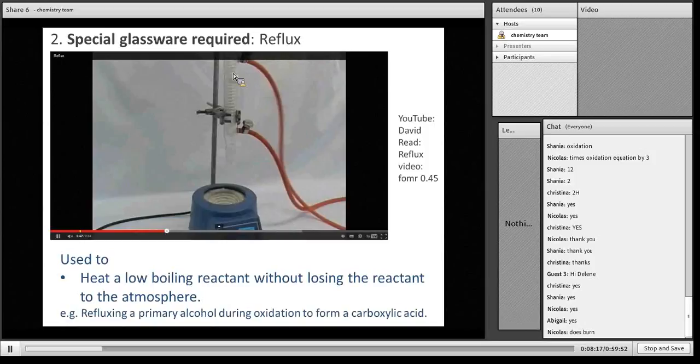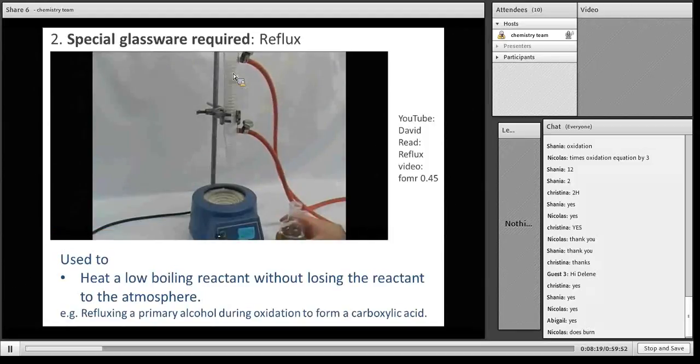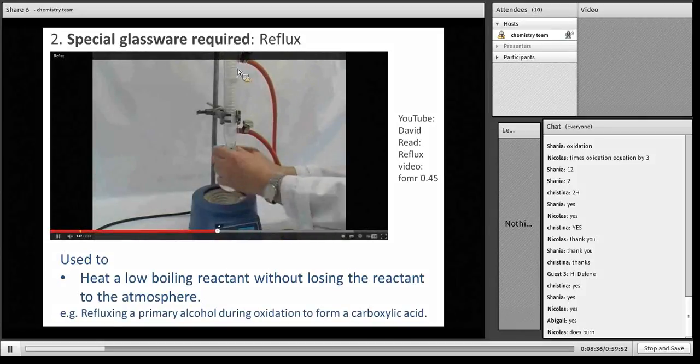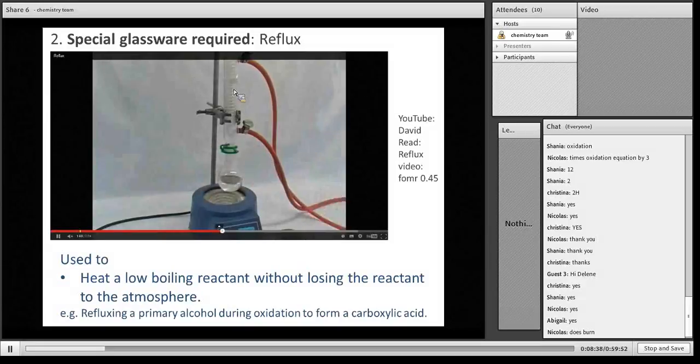And when you set it up, you'll see he's adding the anti-bumping granules again and explaining about that. When you set it up, your substance heats up, it evaporates, it will come up here, get into this cool area, and then come down because it's condensed and drip back again.